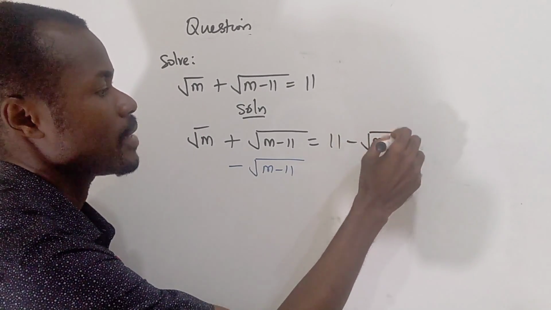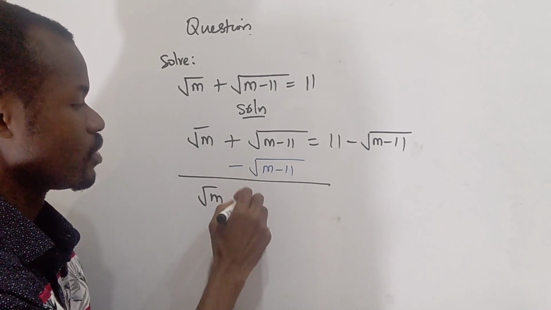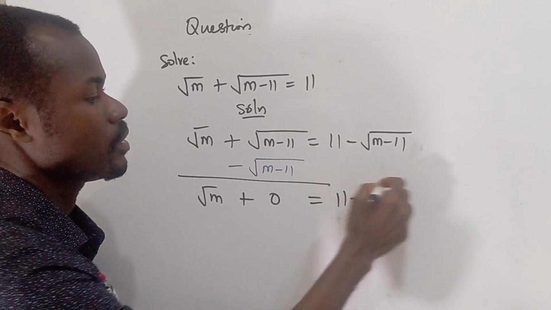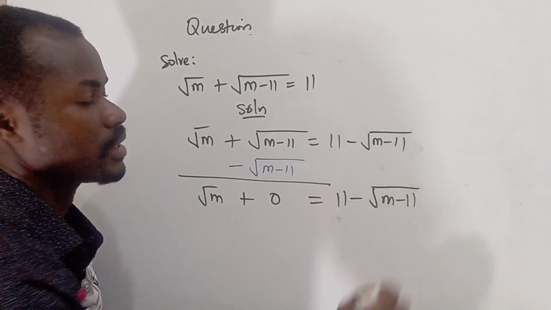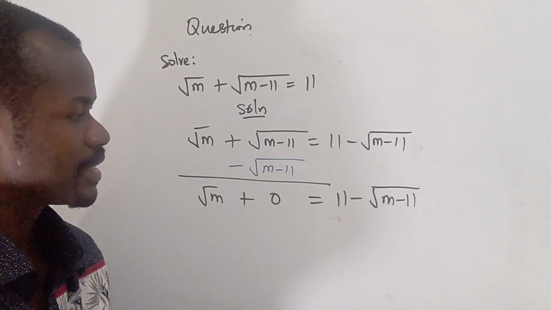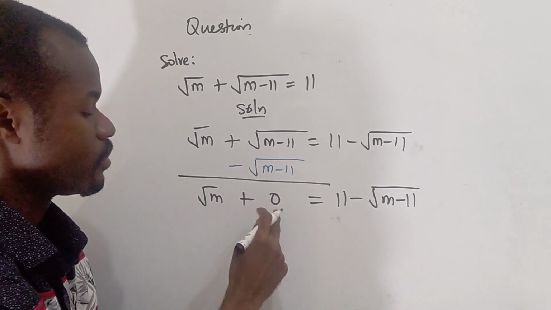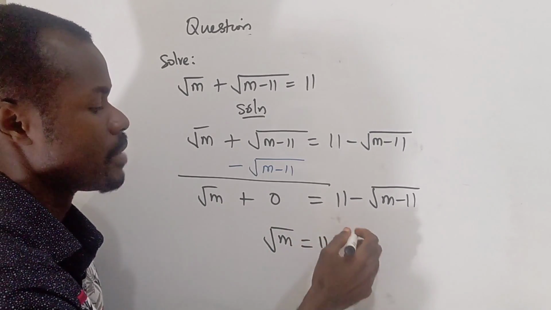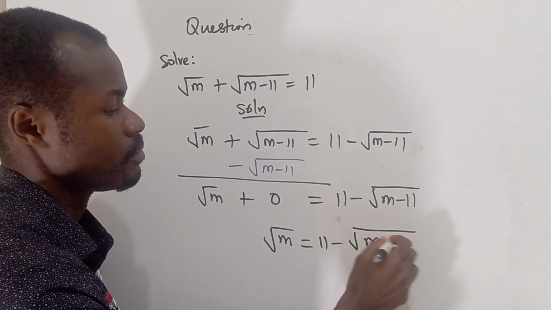Square root m plus this minus this gives us 0. So this is equal to 11 minus square root m minus 11. This is our first step. So square root m plus 0 gives us square root m, which is equal to 11 minus square root m minus 11.